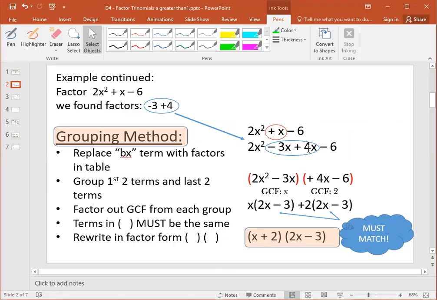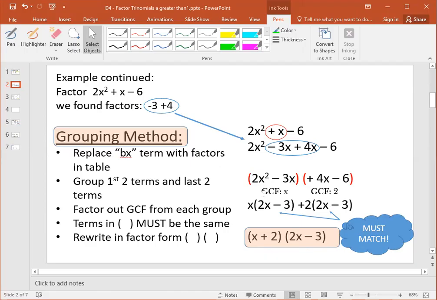And now we're going to do what's called grouping. So what happens here is I take these four terms and I split them in half, so they form two nice groups here. I take the first two, 2x squared minus 3x, I make that a group, and then the positive 4x minus 6, I make that a group.